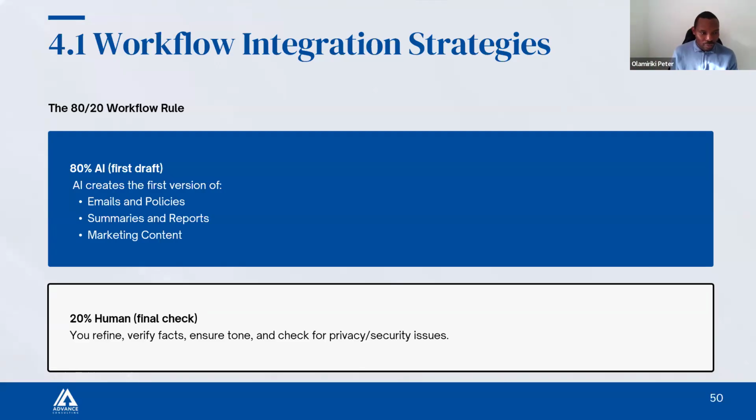And it's very important because AI can make mistakes. AI can make an error. And AI is not the one running your business. You are the one running the business. So you should be the one to be in that final check that verifies the facts, ensures the tone, and checks for privacy and security issues in those deliverables.